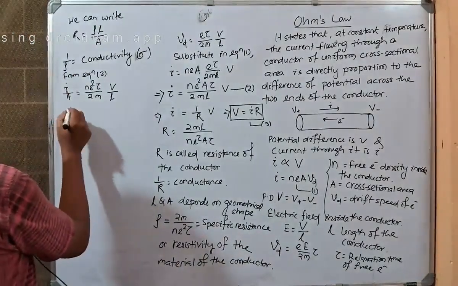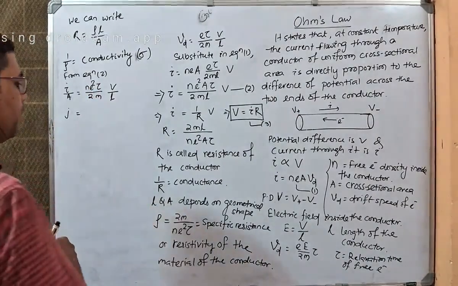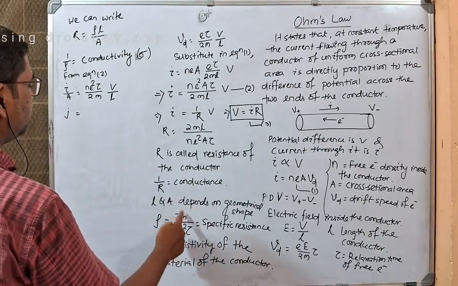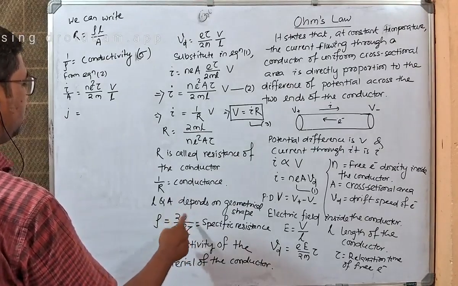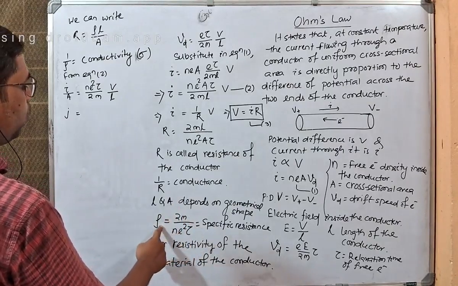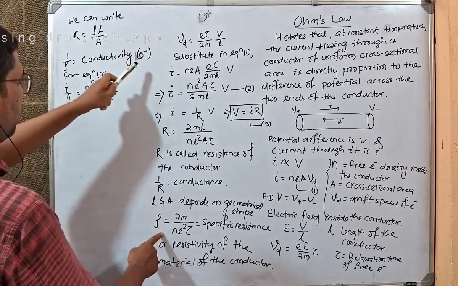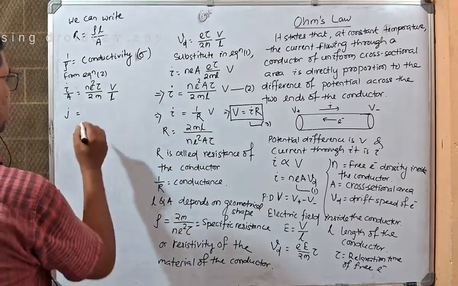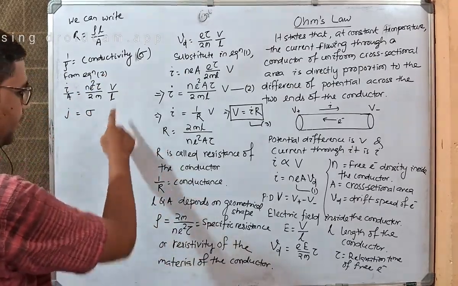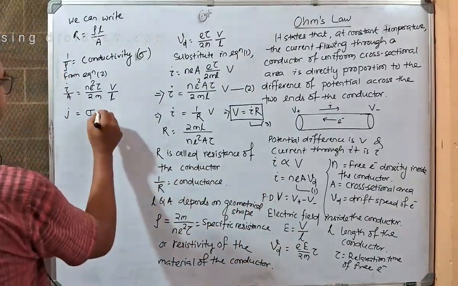What is n e square tau by 2m? That is 1 by rho, conductivity sigma, and V by L is the electric field.